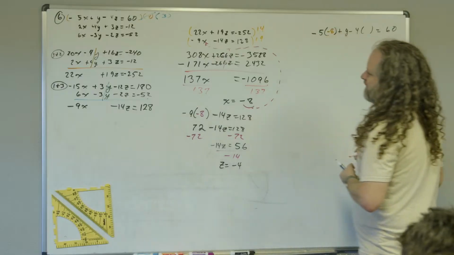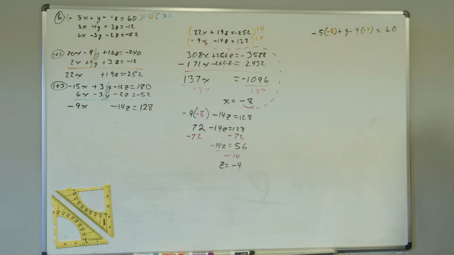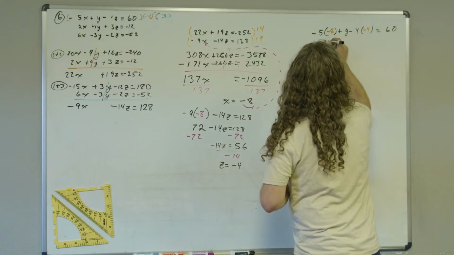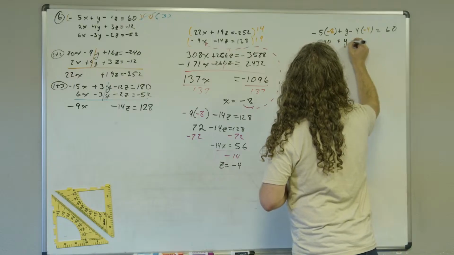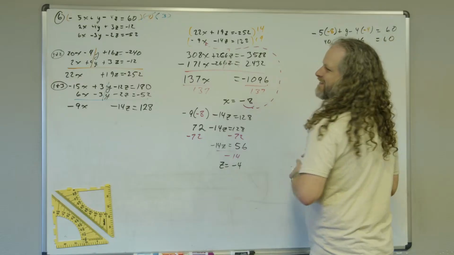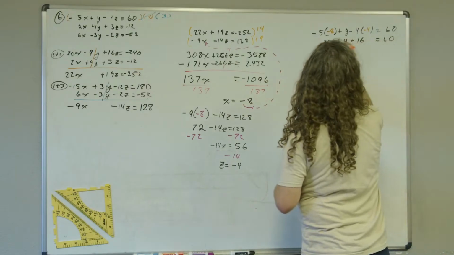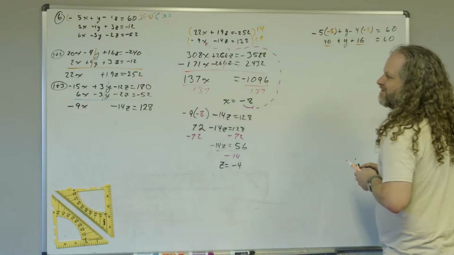Negative 8, and negative 4. Negative 5 times negative 8 is what? 40. Did you already figure out what your mistake was? Yeah, I presume some sign mistake? It was negative 12 and positive.